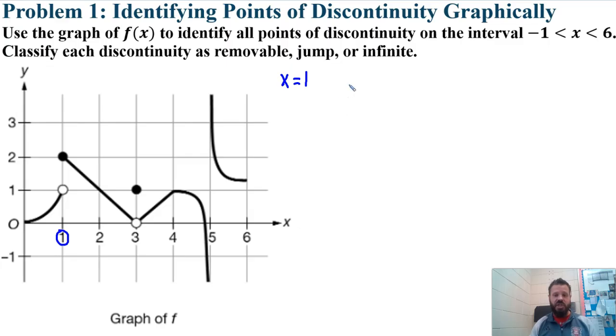And as far as our definition goes, why is this a point of discontinuity? Well, if I evaluated f of 1, I would use the closed circle and get a 2. And that is not equal to the limit as x goes towards 1 of f of x, which in this case we'd say does not exist.